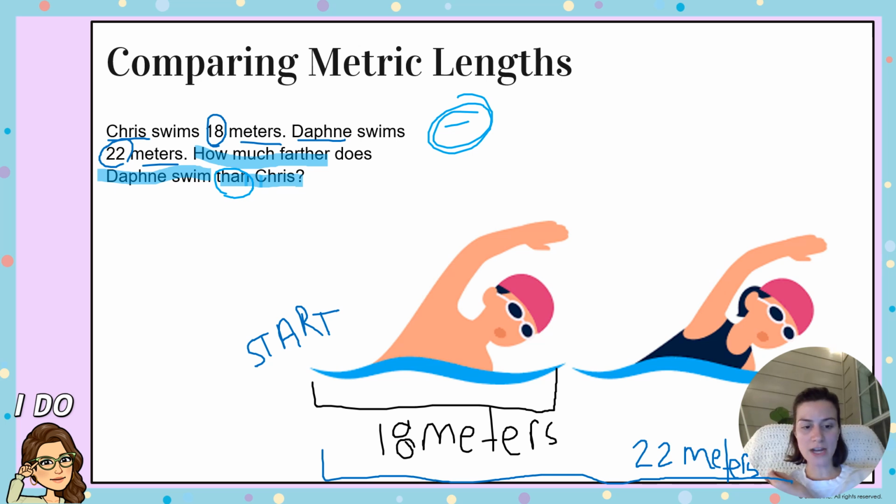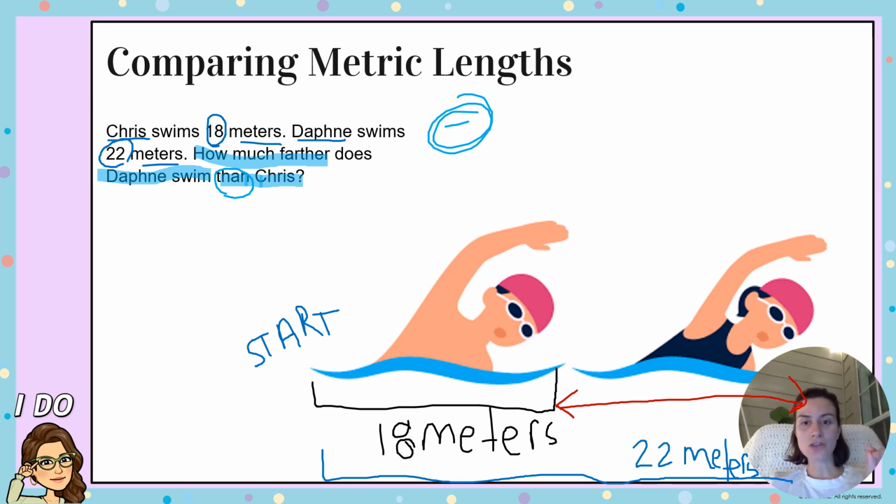So what I'm trying to measure is this amount right here. Chris swims 18 meters. Daphne swims 22 meters. How much farther did Daphne swim than Chris? That's what I'm looking for. I know I'm subtracting. Now I can move on to step 2, plan it.